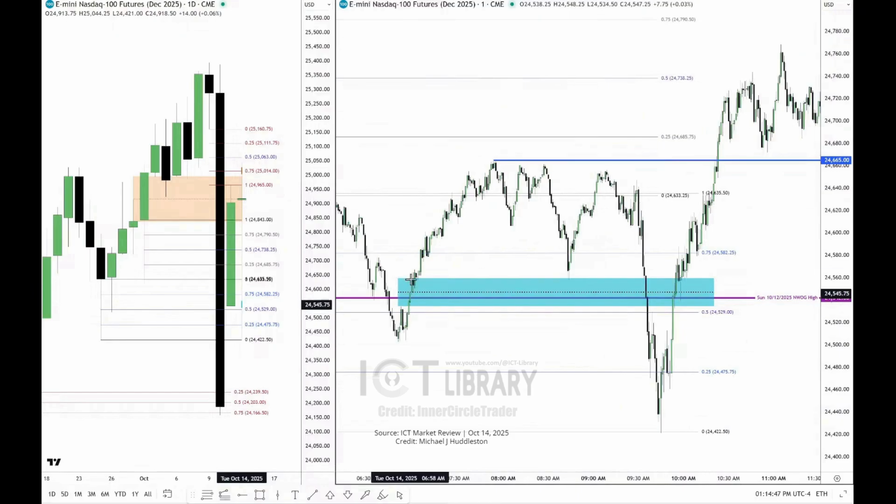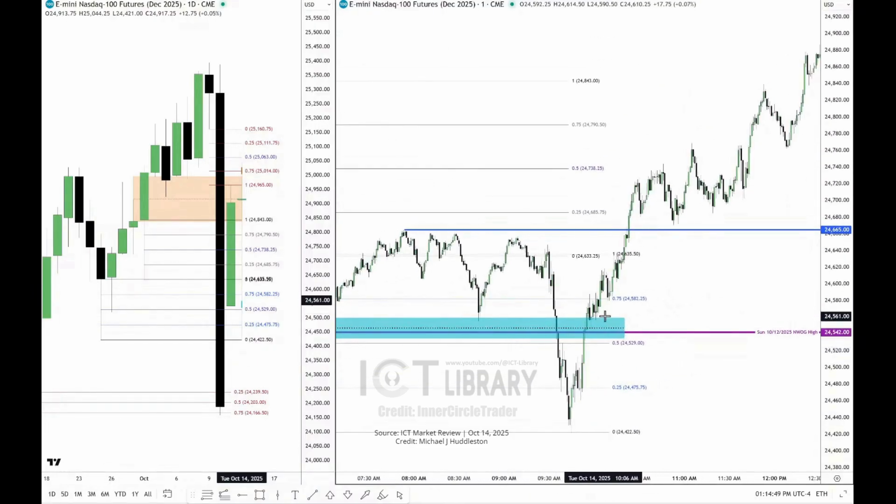See how it's all muddied up? It rallies up, and now look what it's using here: 24,582.25, the upper quadrant of this discount wick. Okay, so on the 25th of September, we're trading up to and above that upper quadrant.